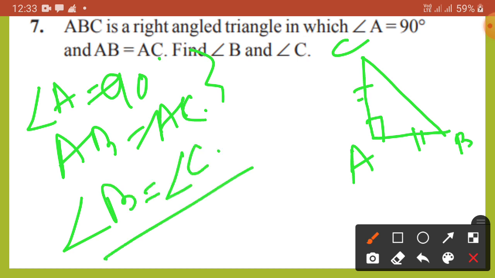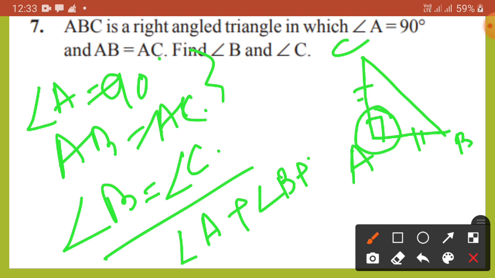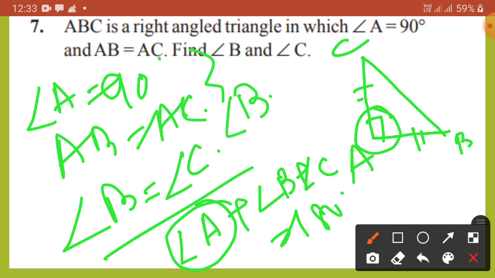Now angle A equal to 90 degree, so therefore sum of remaining two angles equal to 90 degree. We know angle A plus angle B plus angle C equal to 180 degree. Now angle A equal to 90 degree is given, so angle B plus angle C equal to 180 degree minus 90, that means 90.